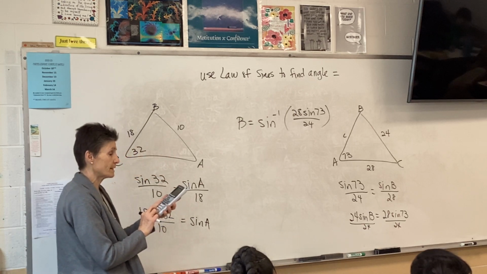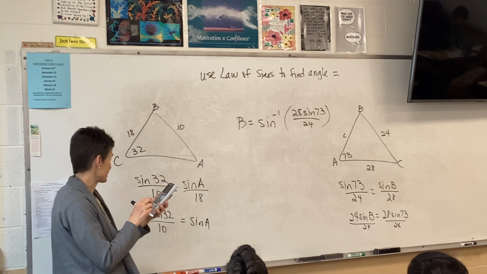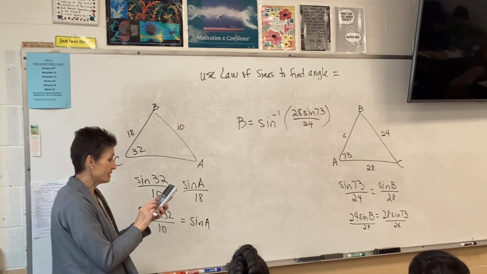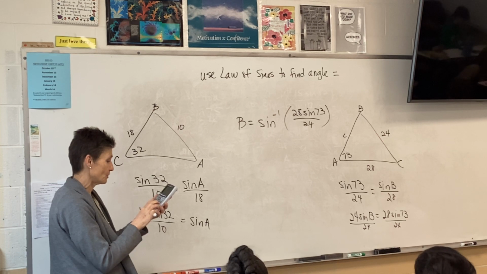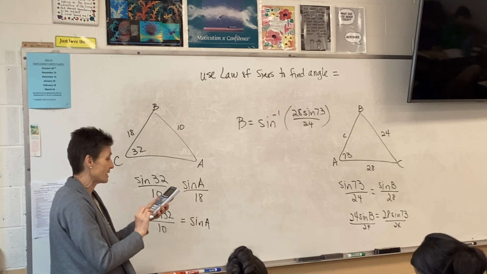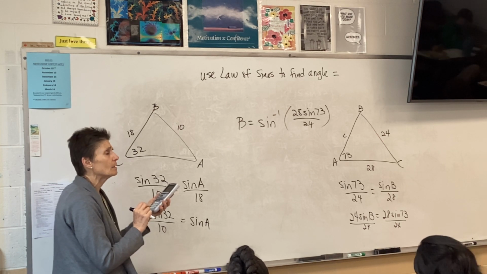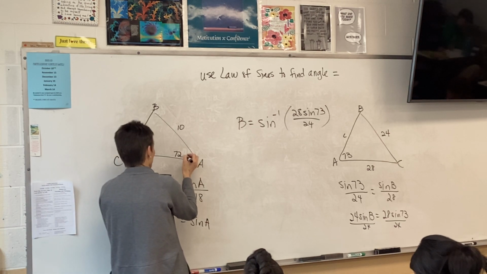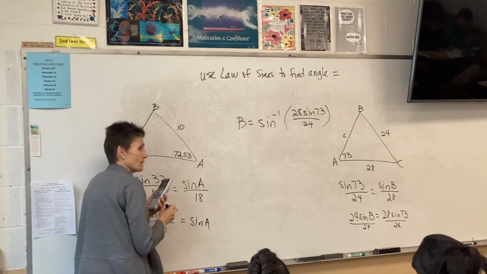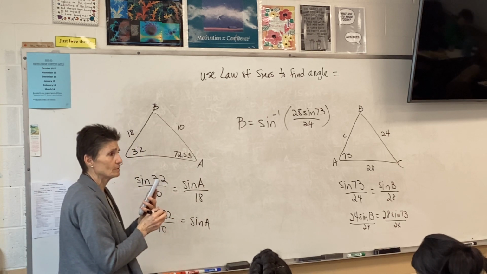We're going to go through it again. Let's just see if we can solve this one. Inverse sine, 18 sine 32, close parentheses, divided by 10. Did you get an answer? Yes. Okay. So 72.53 is my first answer.